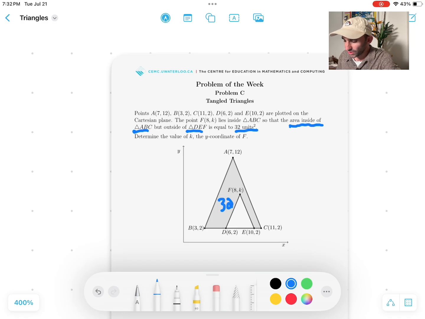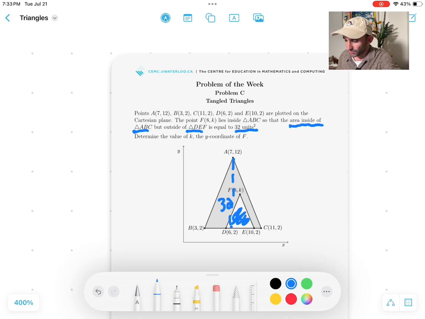Okay, so we know the difference between the two, and what we can't figure out yet is the area of the smaller triangle, right? Well, we can, but we'll get there. So what we can do is figure out the area of the larger triangle, right? We have all that info, I believe.